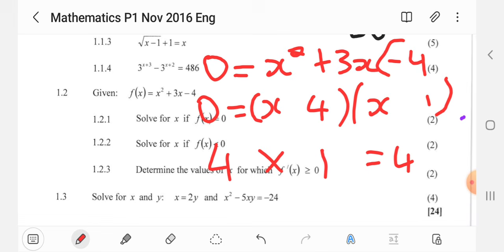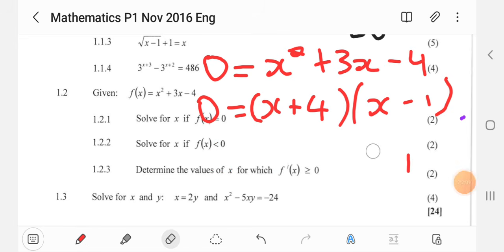But it needs to be a negative 4, right? So when we put 1 as a negative, 4 times negative 1 gives us negative 4. So this one will be like that, and this one will be like that.